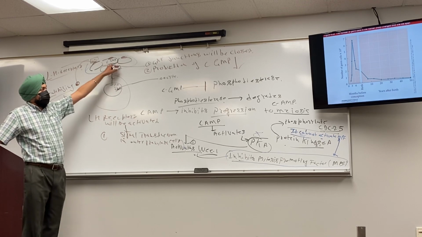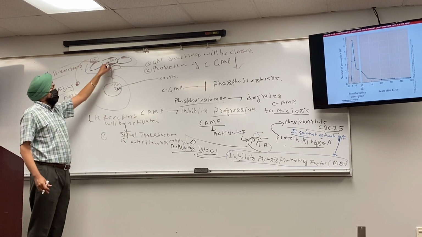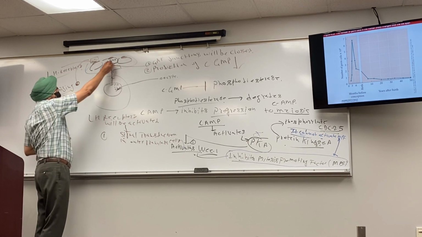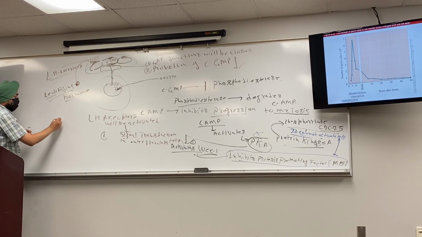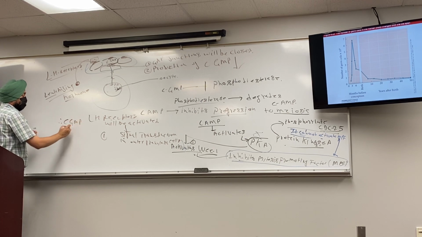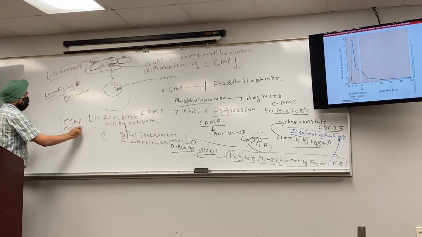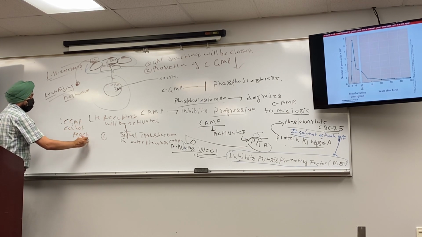So if cGMP is going down and gap junctions are closed, cyclic GMP cannot reach here, right? So therefore, cGMP cannot reach the oocyte.